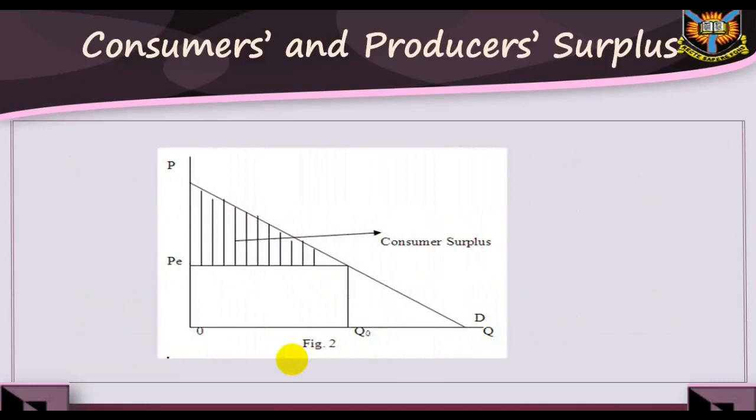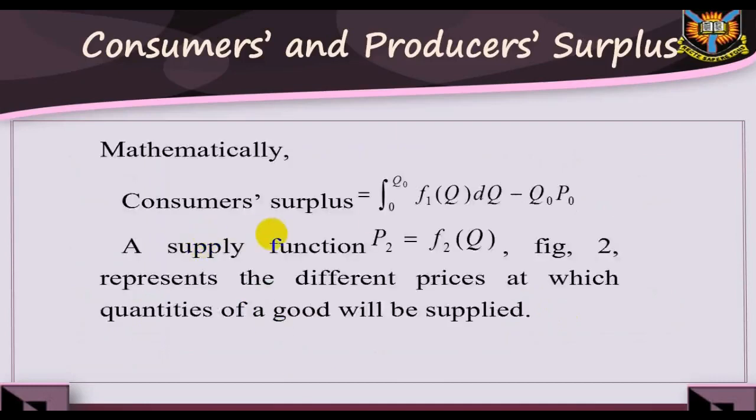Mathematically, consumer surplus equals the integral of F1 of Q dQ minus Q0 P0 within the limits of 0 and Q0.